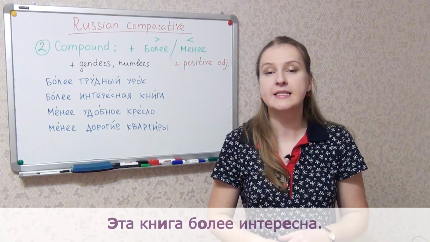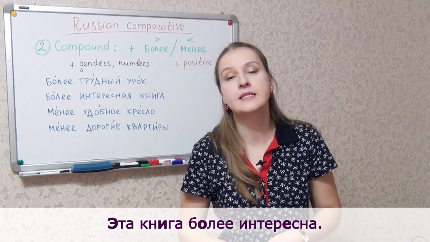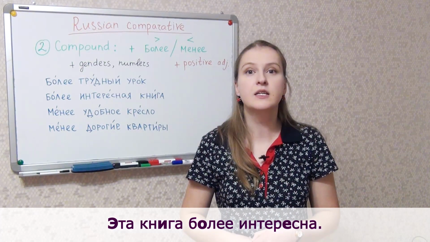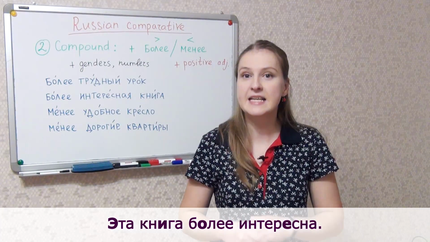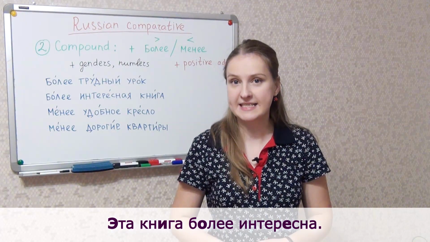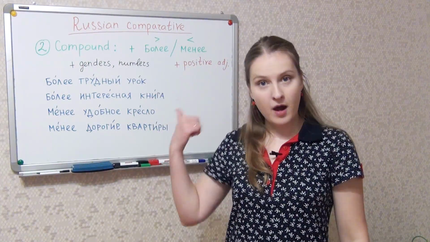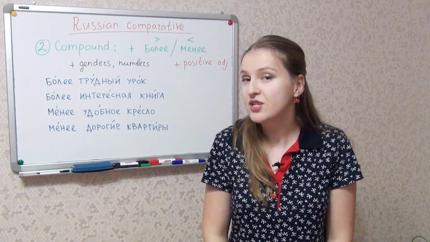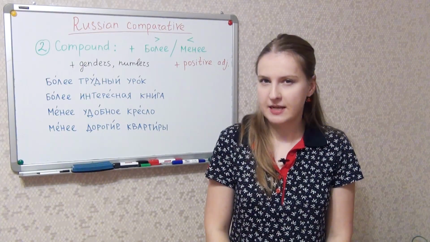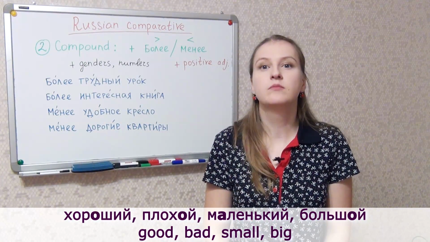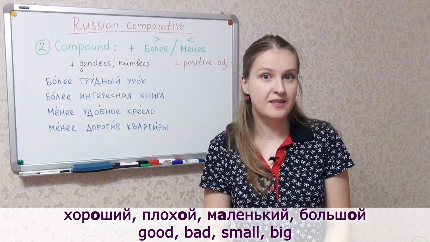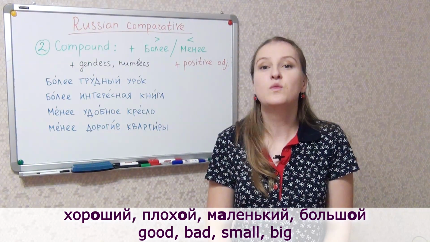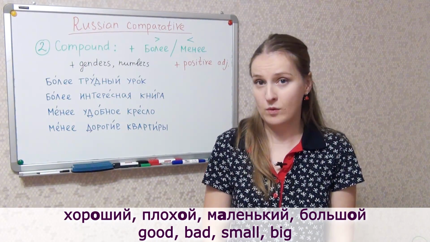The compound comparative can be used with short adjectives. For example, we can say «Эта книга более интересна». This book is more interesting. Интересно instead of интересная. The compound comparative can be used with practically any adjective. But there are exceptions: хороший, плохой, маленький, большой. With them, we should use the simple form.